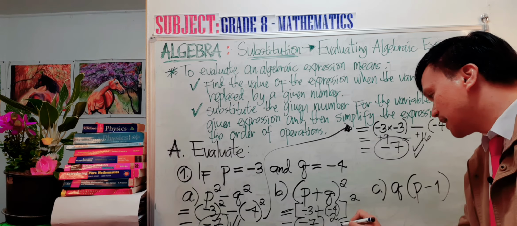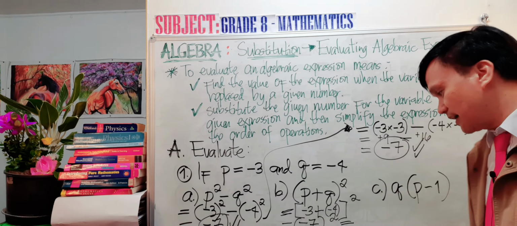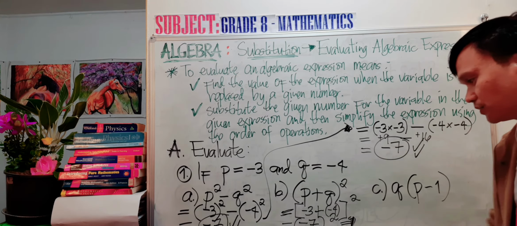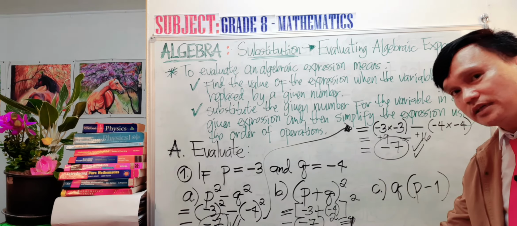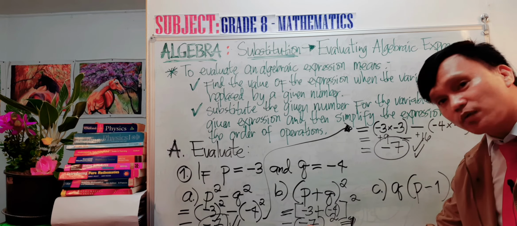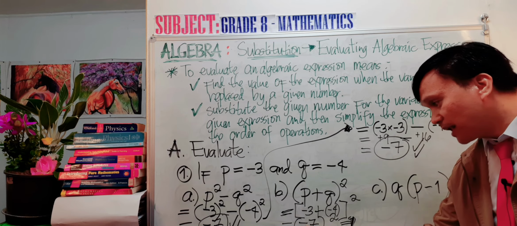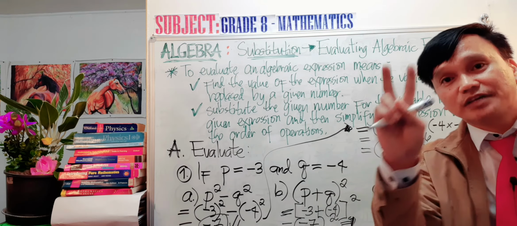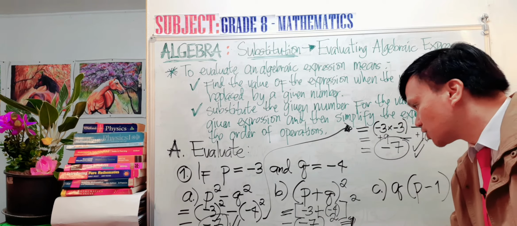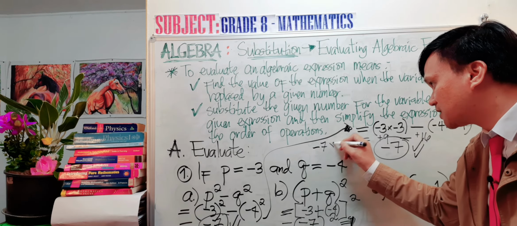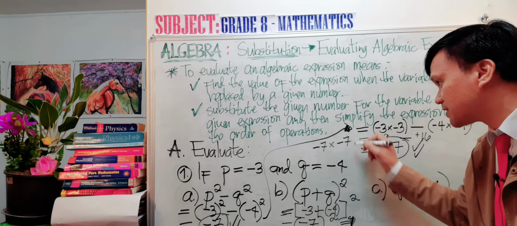What is now our final and correct answer over here? Negative 7 is the base, raised to the power of 2. How many times are we going to multiply negative 7 by itself? Very good, 2 times. So it is going to be negative 7 multiplied by negative 7.